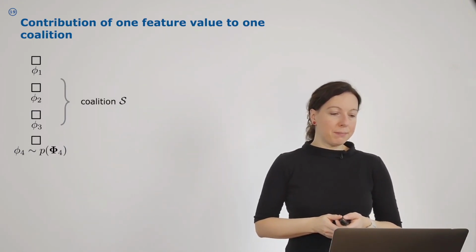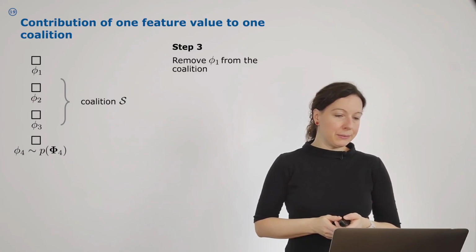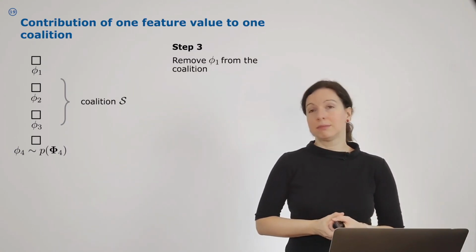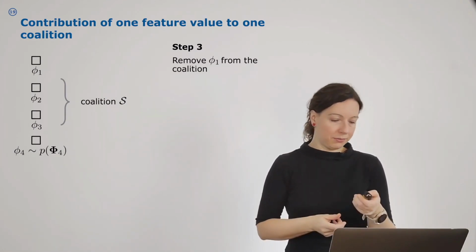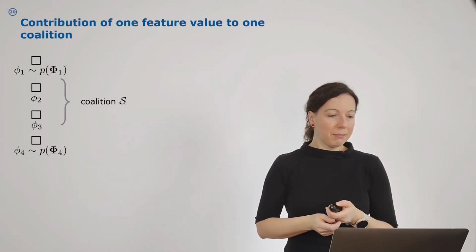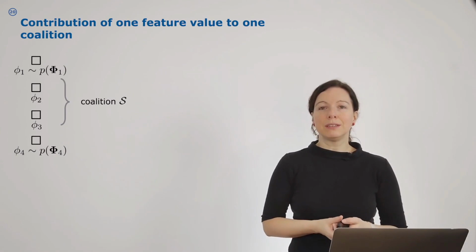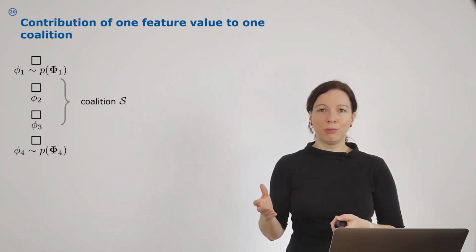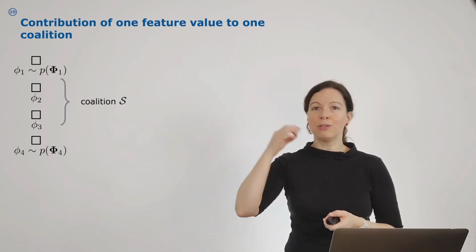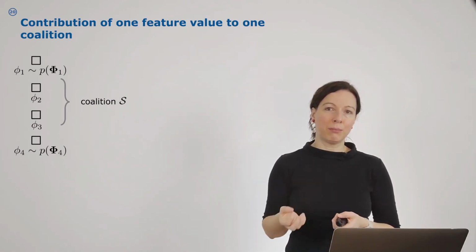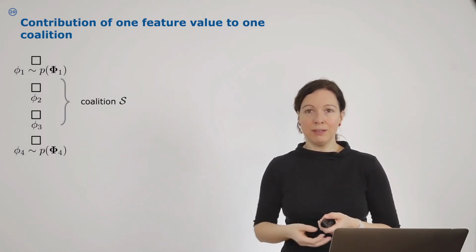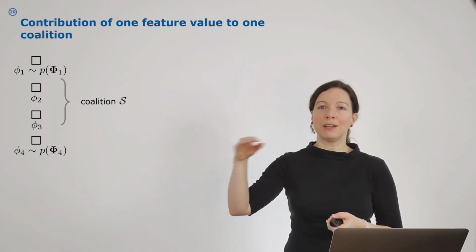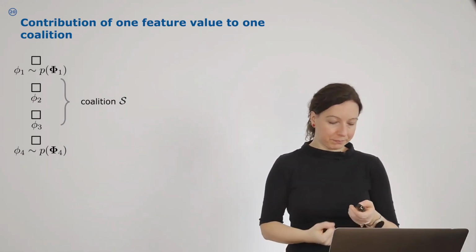Step 3 is you remove phi 1 from the coalition again, because you want to analyze the effect of phi 1. But again, you cannot just remove it. So what you do is you also randomly sample a possible value for phi 1 to also marginalize out the effect of phi 1.